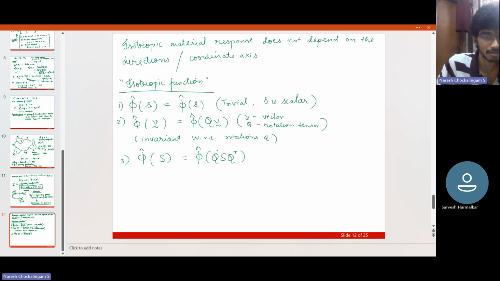So the result of the function should be insensitive to any rotations q applied onto a scalar, vector, or a tensor. So here S is a second order tensor. So this characterizes an isotropic function.